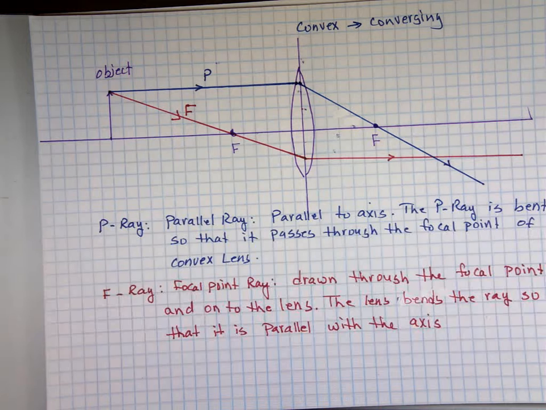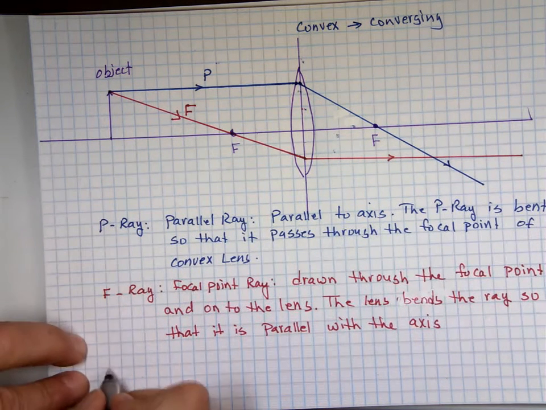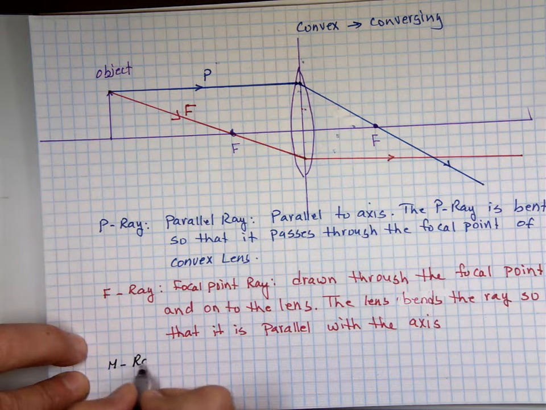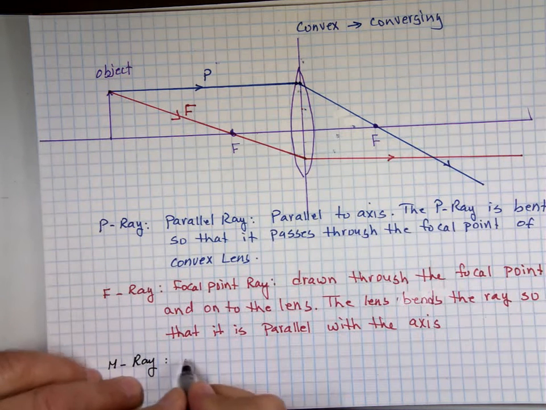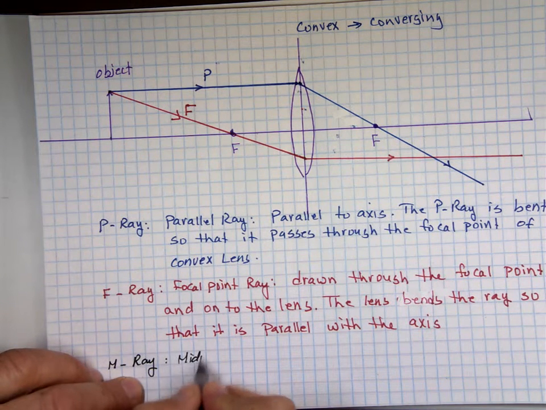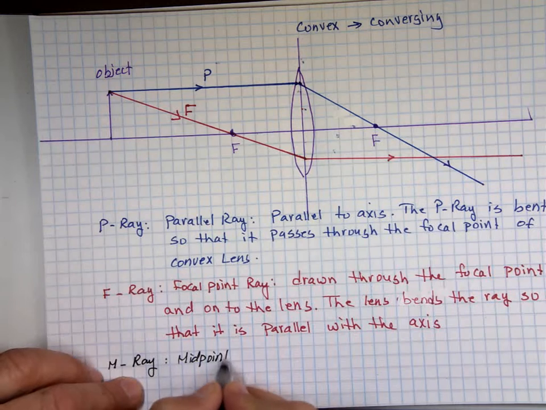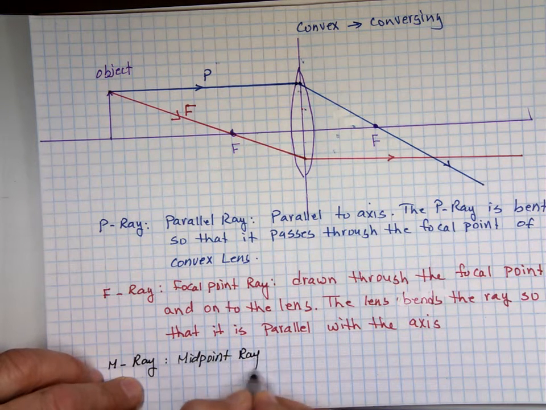And the third one, the M ray, M for middle, I'm sure, or midpoint. That's why it's called the middle.